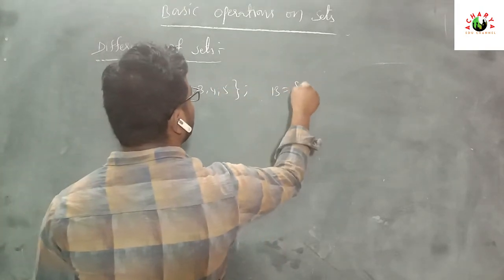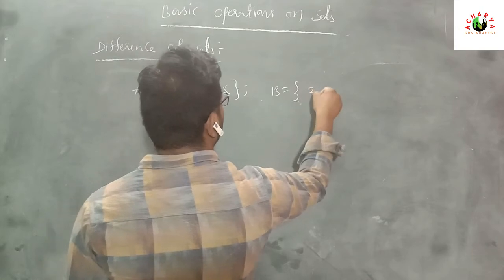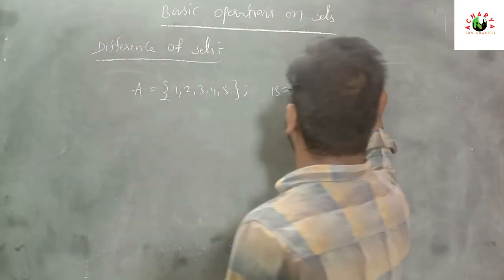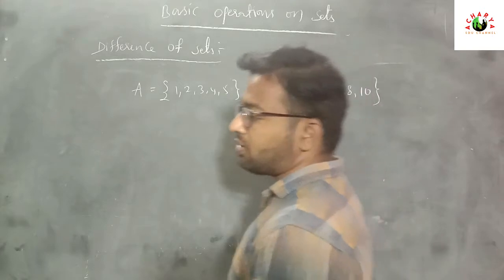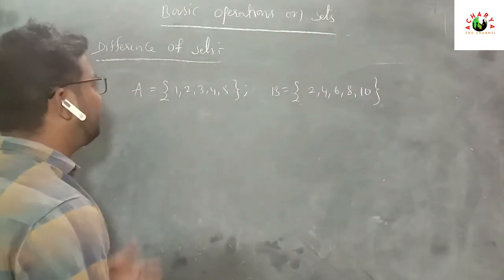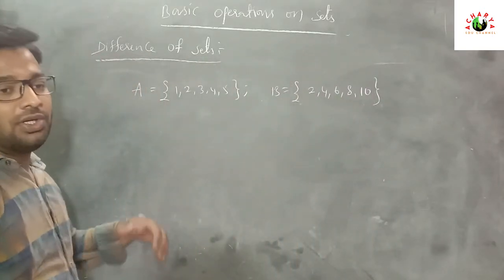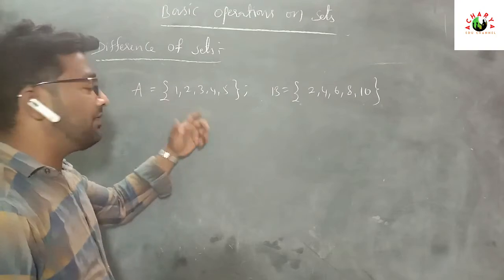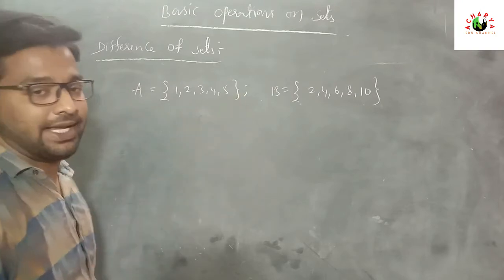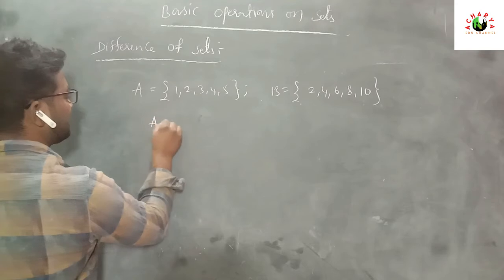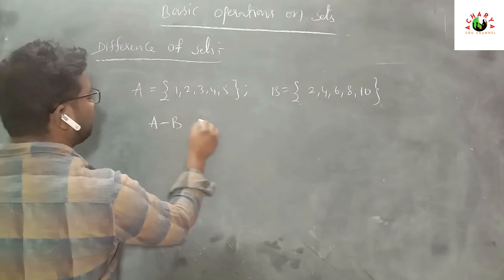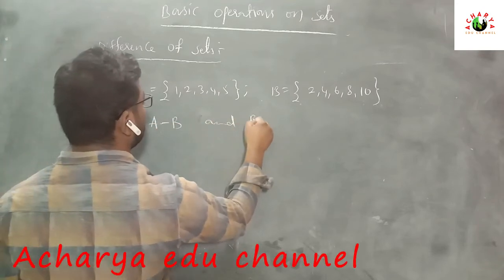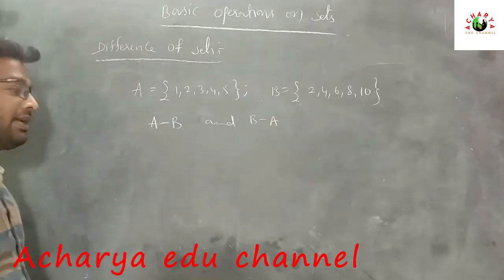Then B is equal to 2, 4, 6, 8, 10. Difference of sets means we have to find the difference of the given sets A and B. That means A minus B, and B minus A also we have to find out.